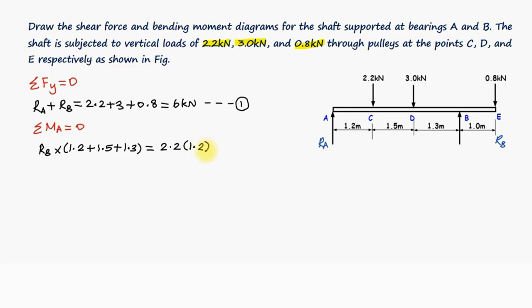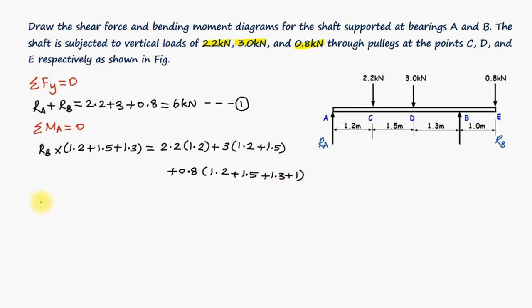That is the distance between the point C and A, plus 3 kilonewtons multiplied with the perpendicular distance, 1.2 meters plus 1.5 meters, plus 0.8 kilonewtons multiplied with the perpendicular distance, 1.2 meters plus 1.5 meters plus 1.3 meters plus 1 meter.